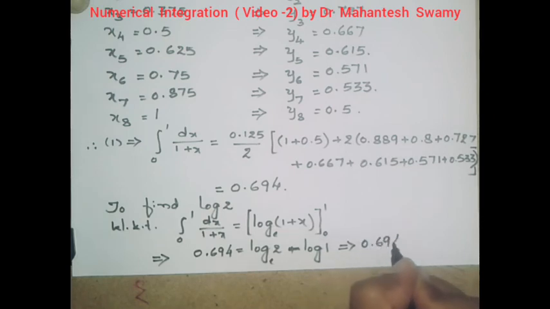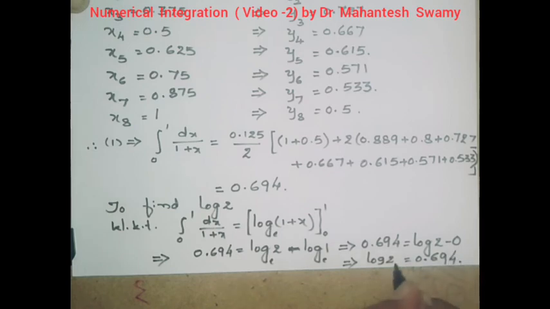So 0.694 is on the LHS, whereas on the RHS it is log 2, and log 1 to any base is of course 0. So this gives us the value of log 2 equal to 0.694.